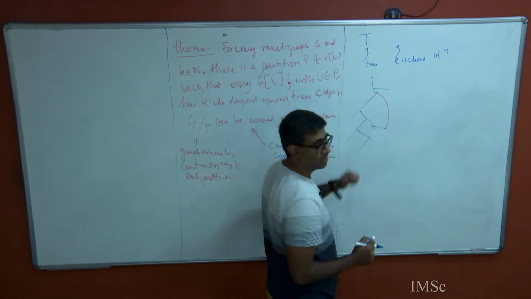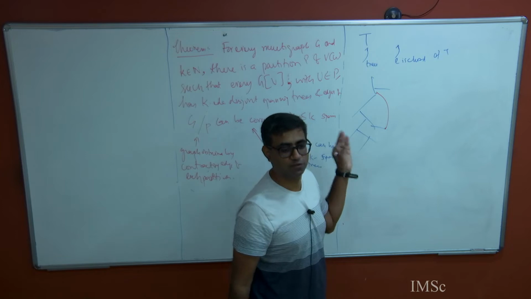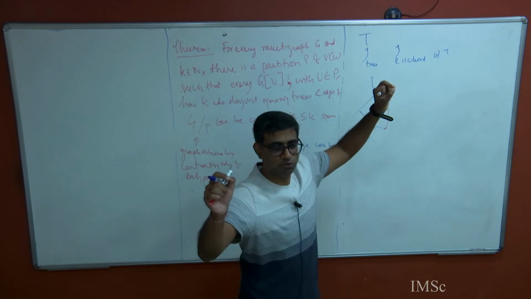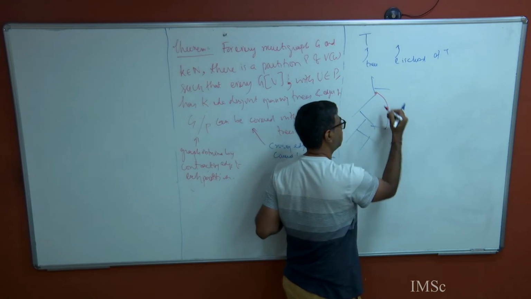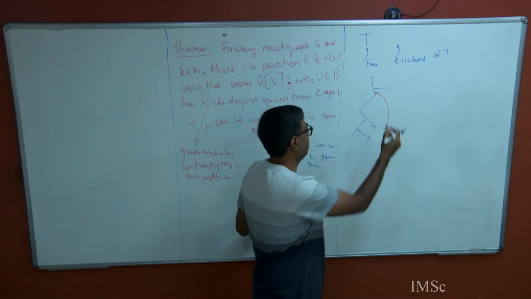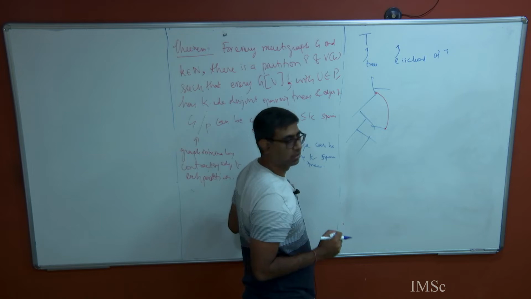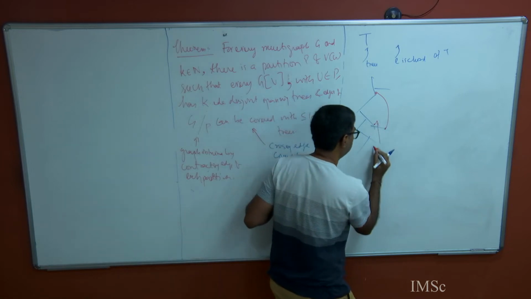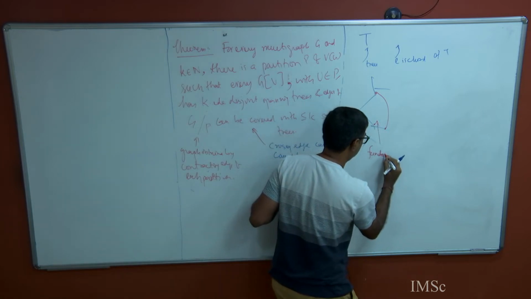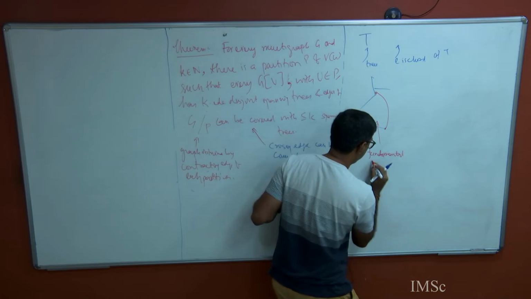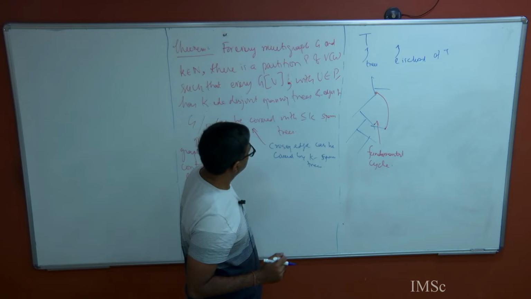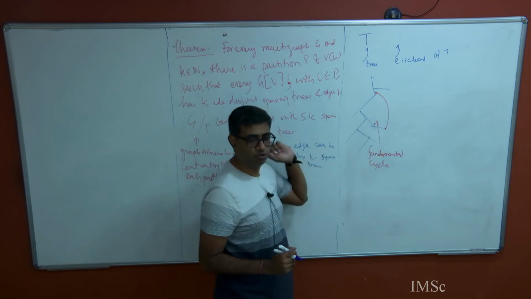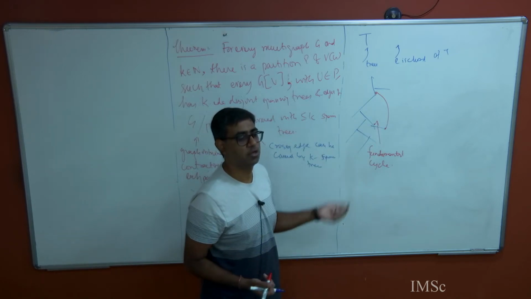So look at any tree and put in an edge which does not belong to the tree, it is going to connect two vertices. Look at the unique blue path between them and take this red edge, that forms a cycle. These are called fundamental cycles. So any edge which is not on the tree is a chord to the spanning tree.